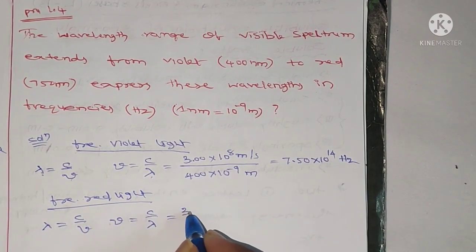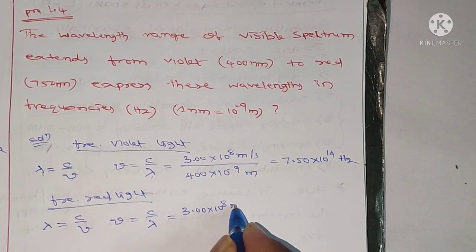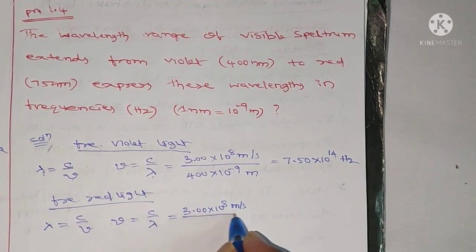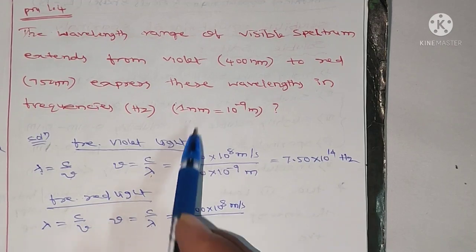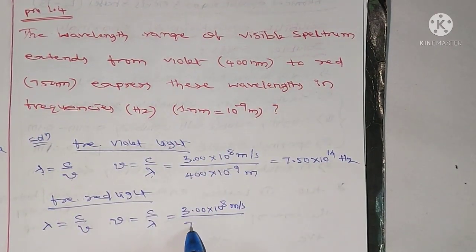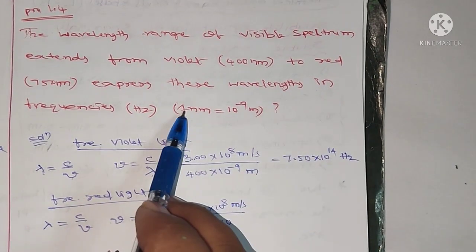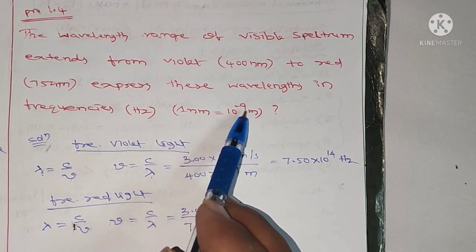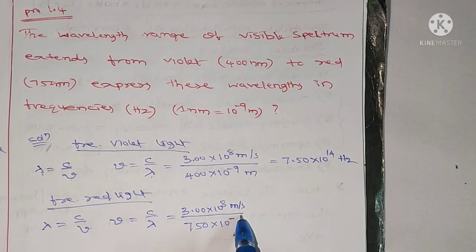So the velocity 3.00 into 10 to the power of 8 meters per second, divided by the wavelength of red light, 750 nanometers. 750 into 10 to the power of minus 9 meters.